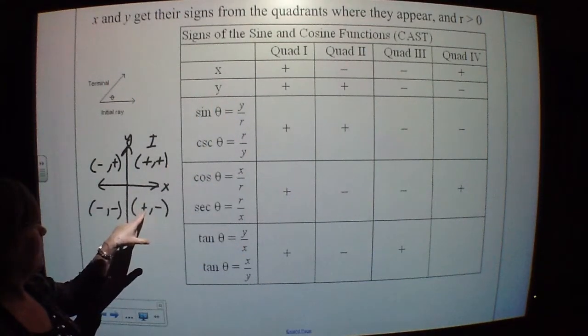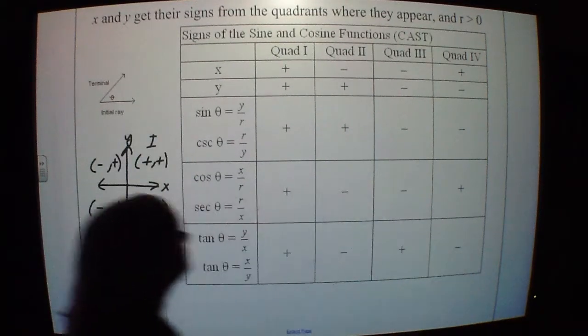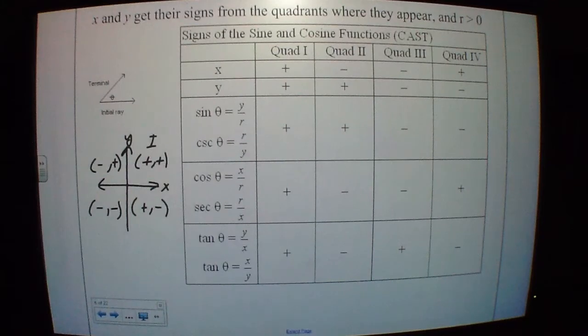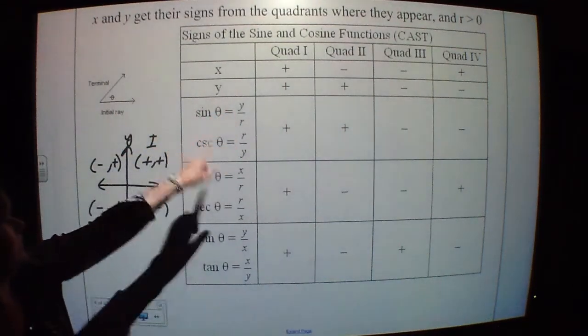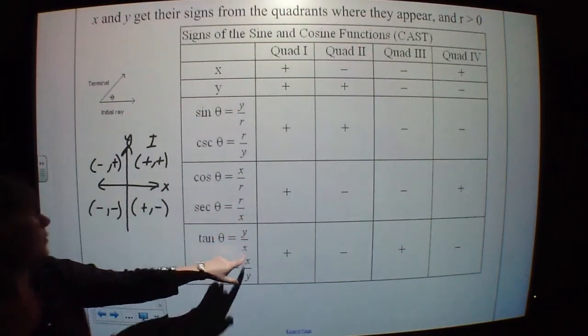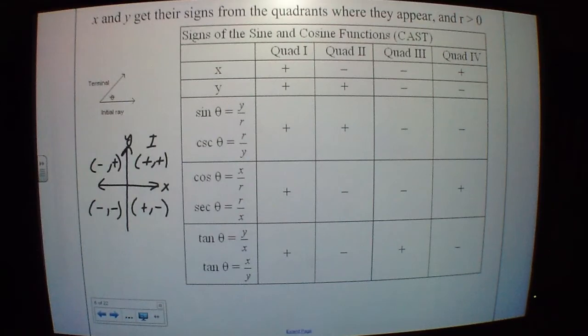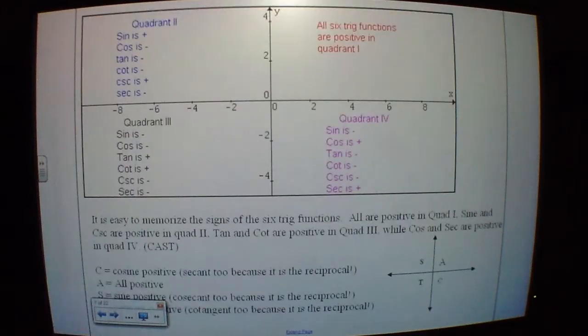And y negative over positive is a negative. So in the fourth quadrant, negative over positive, positive over positive, negative over a positive. And that's what they are in all the quadrants of positive and negative. And that's what I have written on this table.